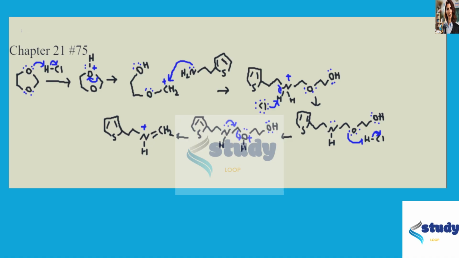And so the next thing that's going to happen is one of the double bonds in our ring is going to attack the carbon, and this is going to form our second ring. So the electrons are going to move like this.